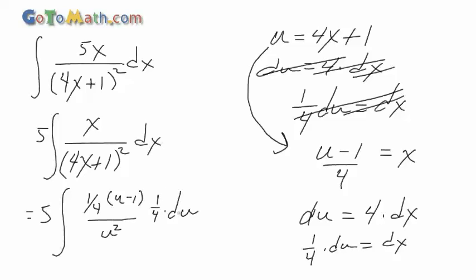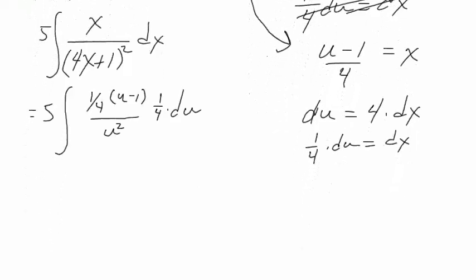All right, and let's now take both of these guys and bring them out. So this is 1/4 times 1/4, which ends up being 1/16. Let's bring it outside. So this becomes 5 over 16. We have u minus 1 over u squared du.